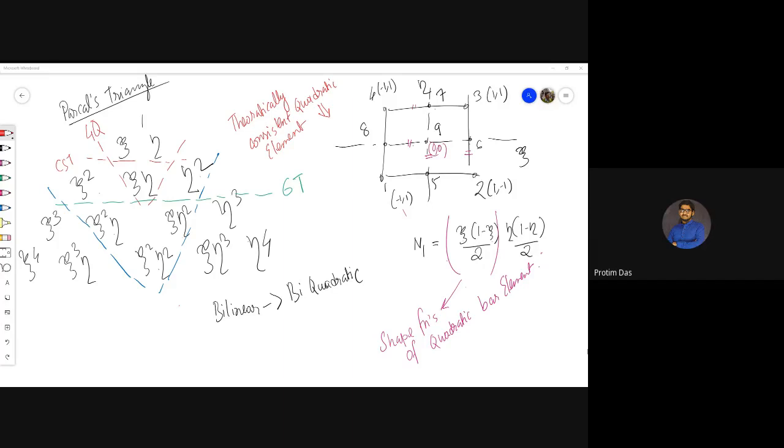Okay, now I want to show one thing, that there is something called a serendipity element. The serendipity element looks like this. These are xi eta coordinates and this is 0, 0.